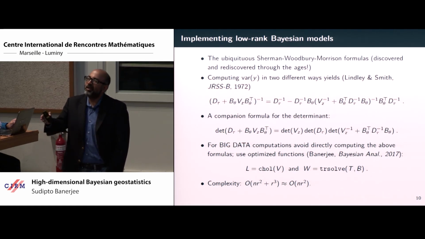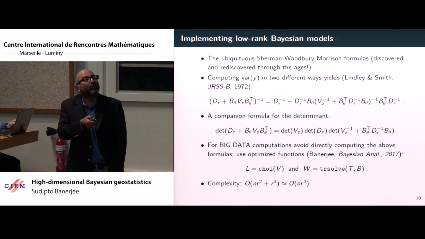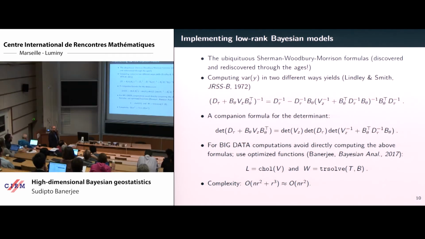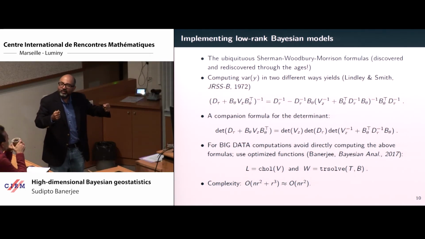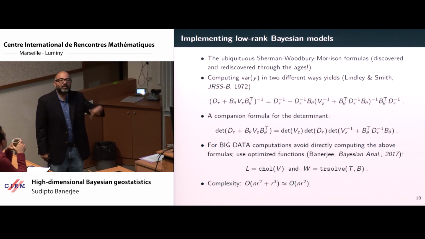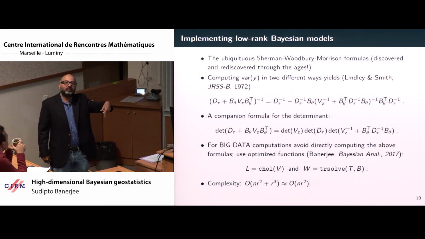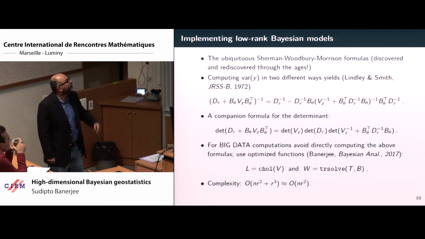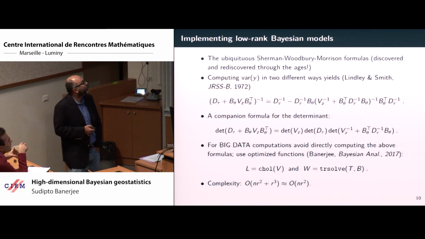I once met Adrian Smith, who was co-author of the Lindley and Smith paper in 1972, and he said exactly the same thing to me: that he thought he had this beautiful derivation of this wonderful formula, and then he discovered C.R. Rao had discovered it, and I told him, well, actually C.R. Rao found out that it was discovered by someone else, and so on. So there's a nice history of this formula on the Wikipedia page if you're interested.